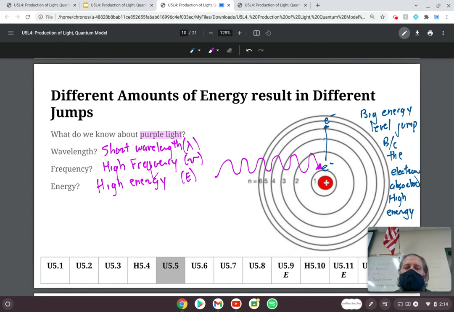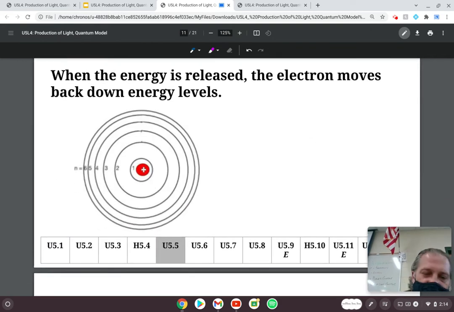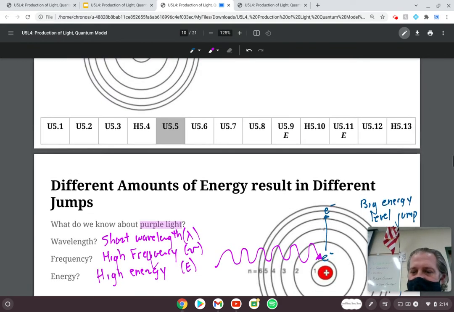Now, again, it went from its ground state to its excited state, but now that it's in its excited state, it has to go back down to its ground state. So the same electron is up here in its excited state. I better put it in the right spot.